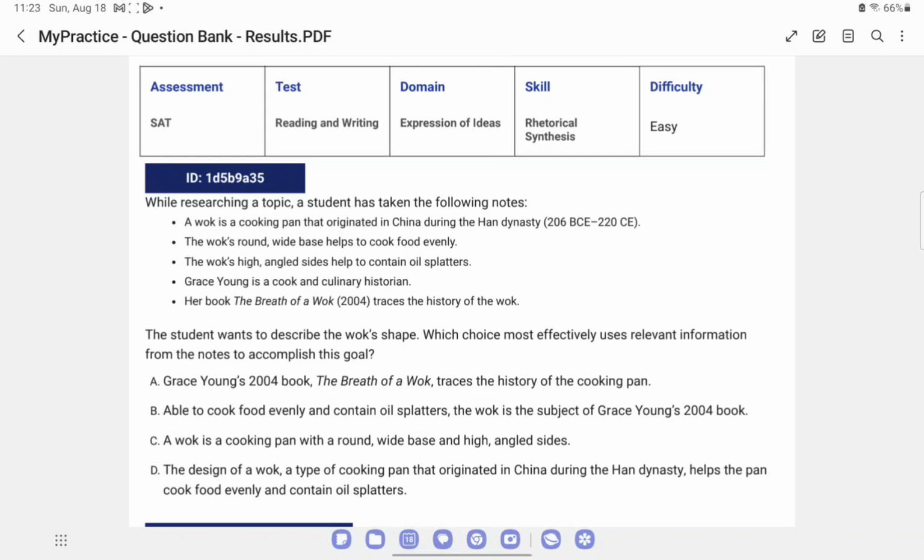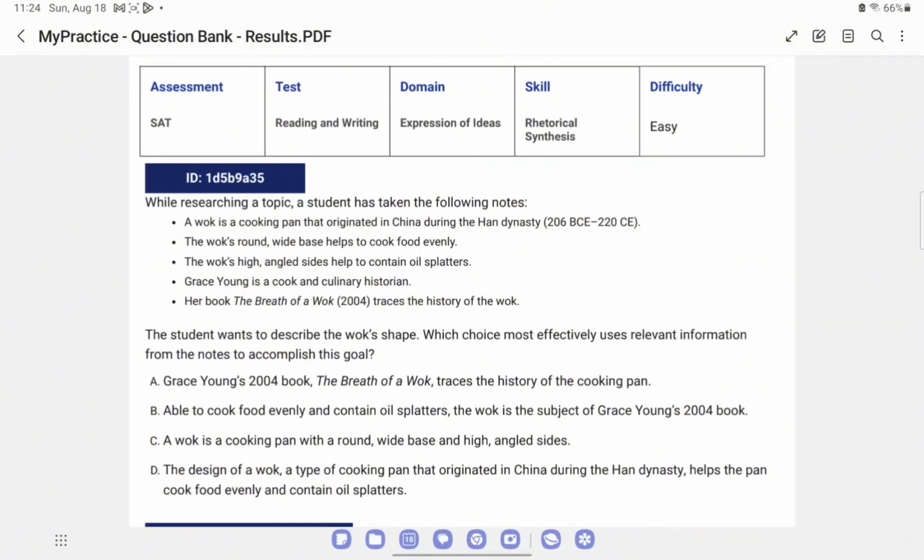D. The design of a wok, a type of cooking pan that originated in China during the Han Dynasty. I was about to say the Dan Dynasty, I'm so sorry. During the Han Dynasty, helps the pan cook food evenly and contain oil splatters. So the student wants to describe the wok's shape. I think C works the best because it's describing the wok's shape.